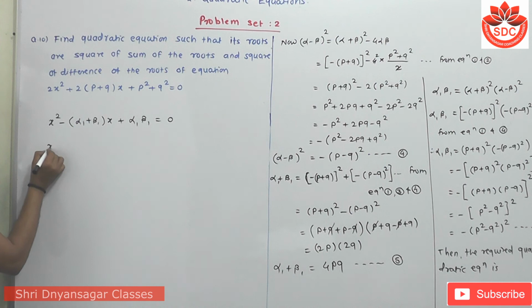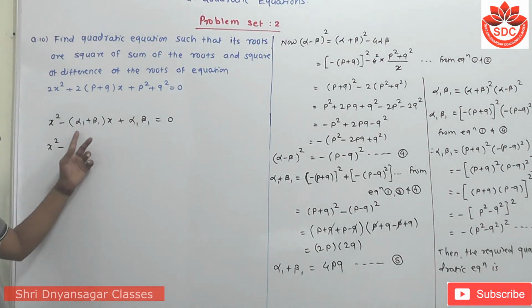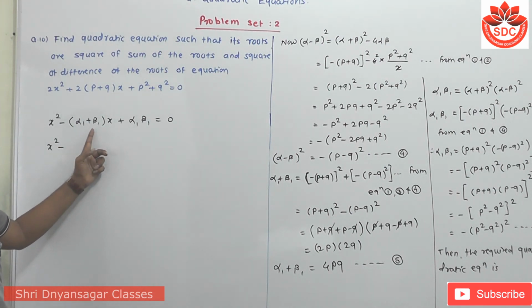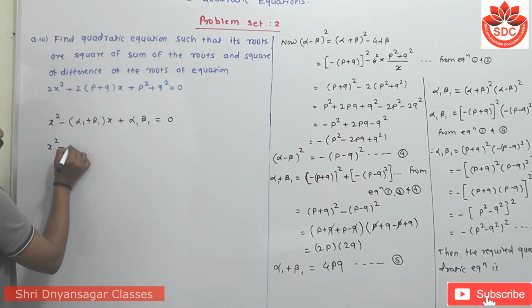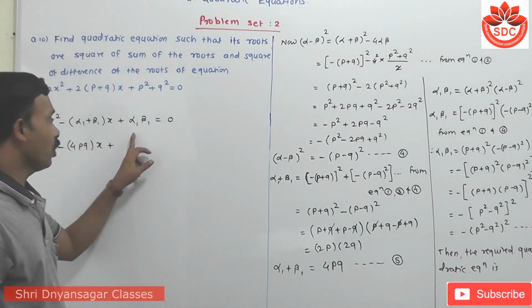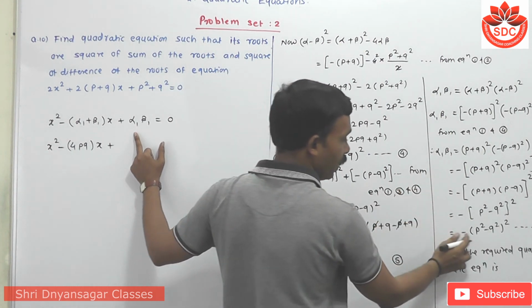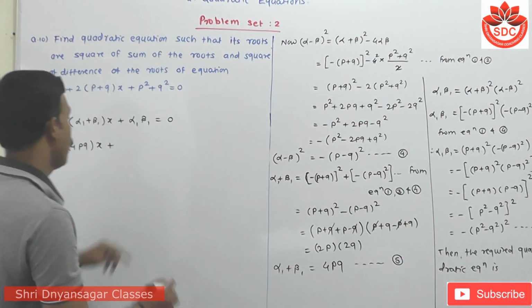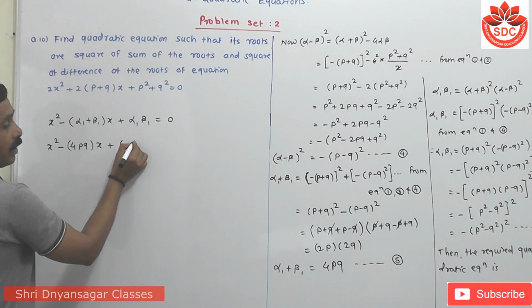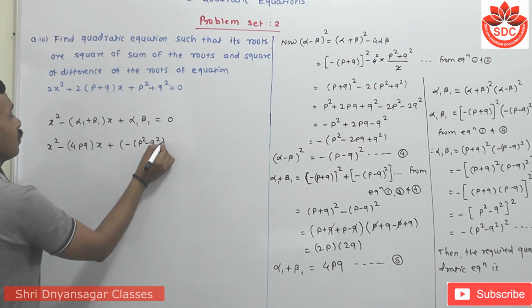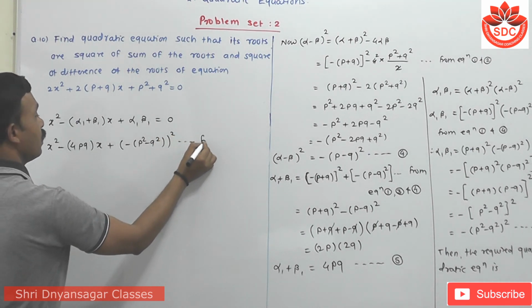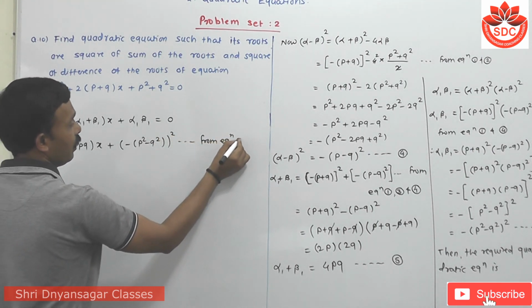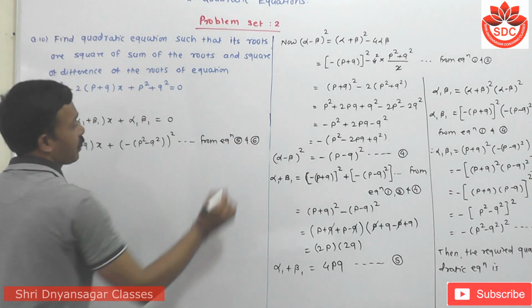Then we put the values here: x square minus the sum of the roots, alpha 1 plus beta 1, we have to find here 4pq, from equation 5, this is 4pq into x plus the product of the roots, alpha 1 into beta 1, is equal to this, that is minus (p square minus q square) whole square. The reason is from equations 5th and 6th.